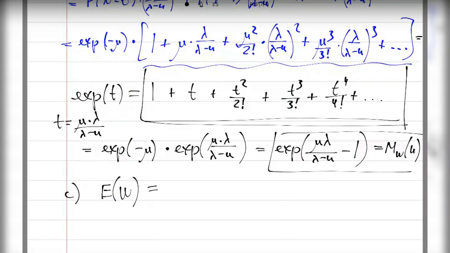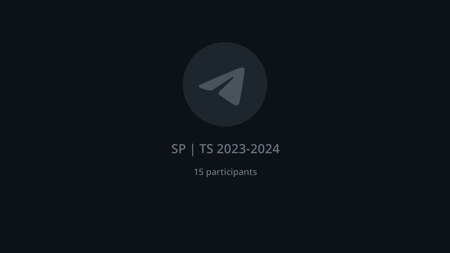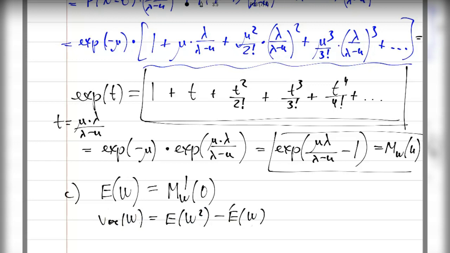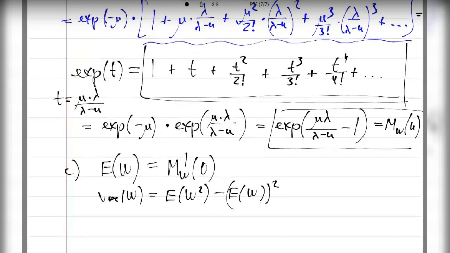If you remember, the expected value is just the first derivative of the moment generating function. We just take the first derivative of the moment generating function. And if we need to calculate the variance of W, we need to calculate the expected value of W squared minus the expected value of W, squared, afterwards.